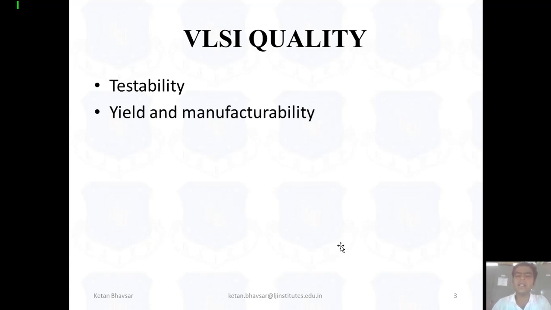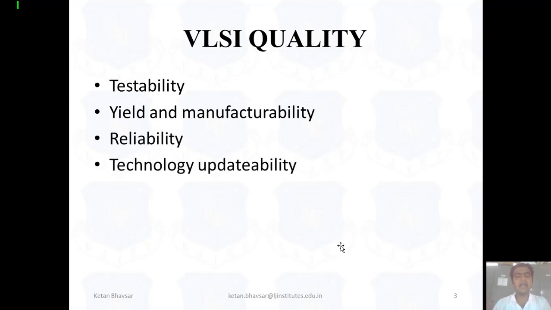Now VLSI quality. The quality is generally dependent on 4 parameters: testability, yield and manufacturing ability, reliability, and technology updateability. If you go into the market and purchase any component or any gadget, the quality of that gadget or component depends on these parameters.